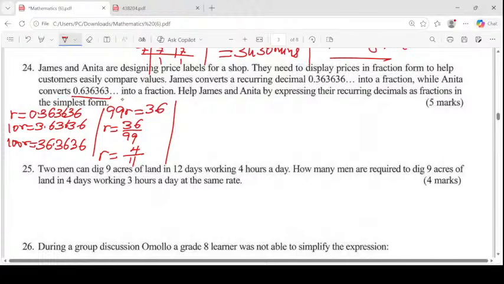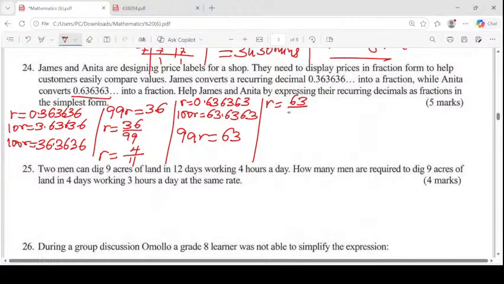Then let me help to convert that of Anita. Our r is 0.636363. When I multiply this by 100, this will be 100r being equal to 63.6363. When you subtract the two, 100r minus r, this is 99r, being equal to 63.63 minus 0.63, this becomes 63. Then it will mean that my r will be 63 over 99.